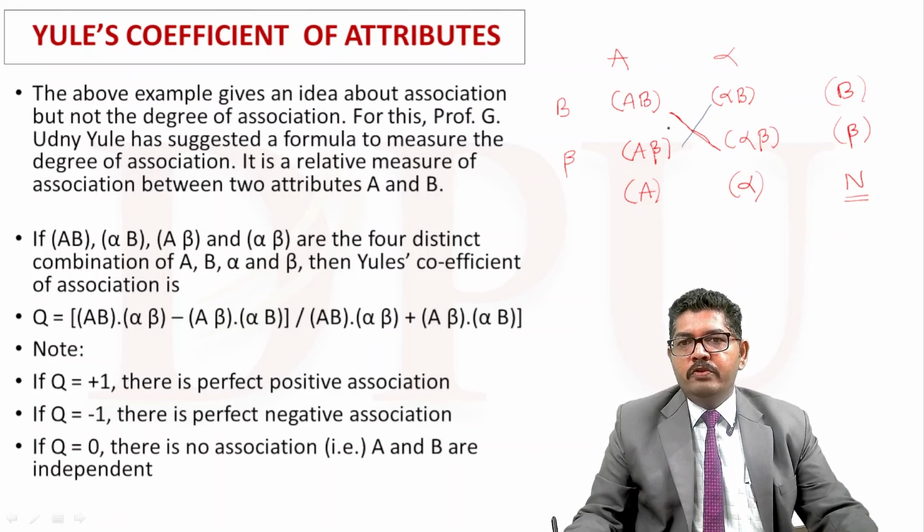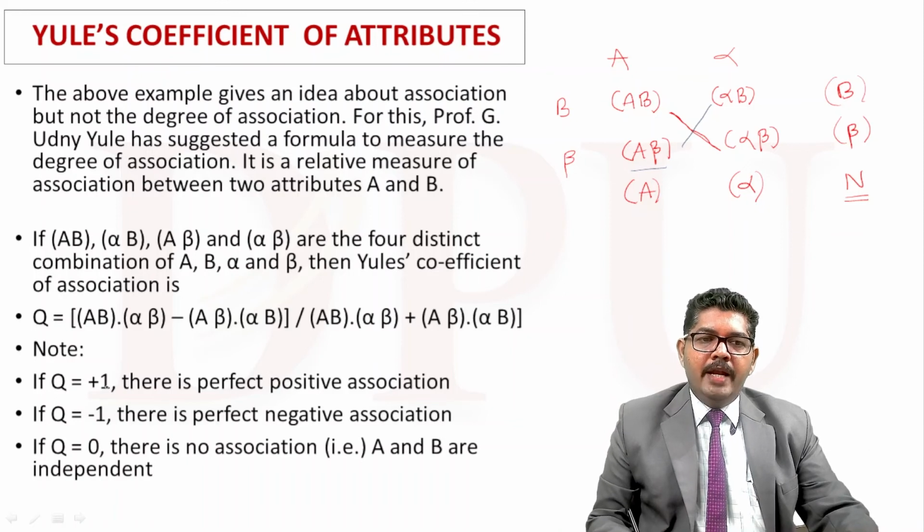So this is how we have to do it. AB multiplied by alpha beta minus A beta multiplied by alpha B, divided by AB multiplied by alpha beta plus A beta multiplied by alpha B. This is how we calculate Yule's coefficient Q.